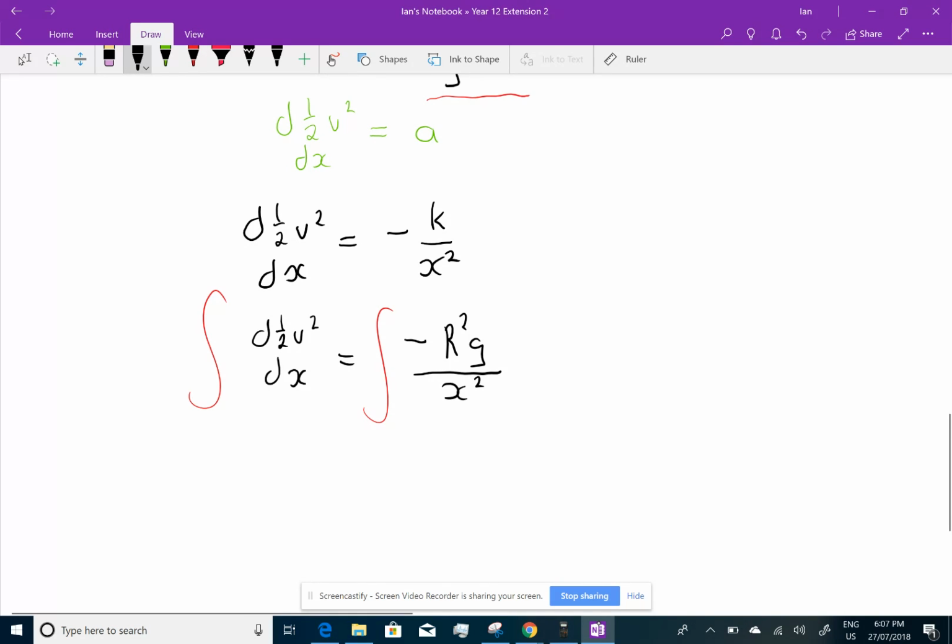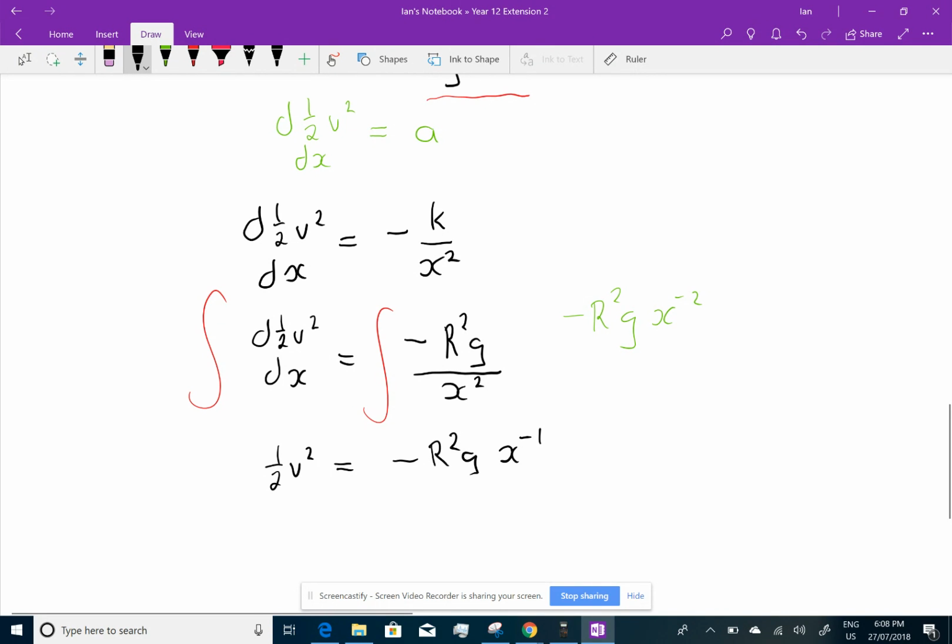This one's pretty easy. I'll just get a half v squared. And here, you've got to remember that this is minus r squared g x to the minus 2. So when I integrate that, I add 1 to the power. Remember, my minus r squared g is a constant. So it's going to be x to the minus 1.